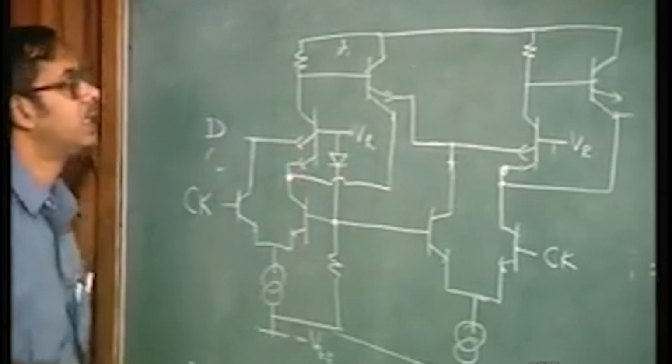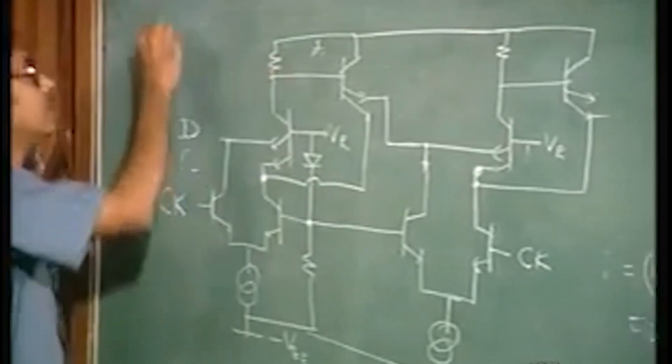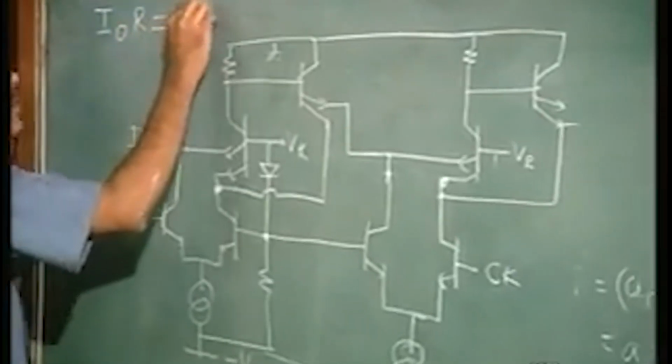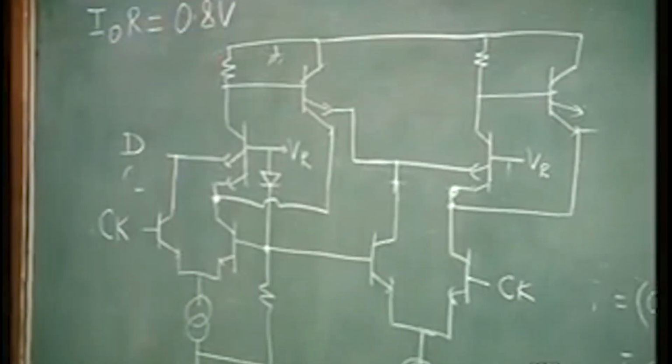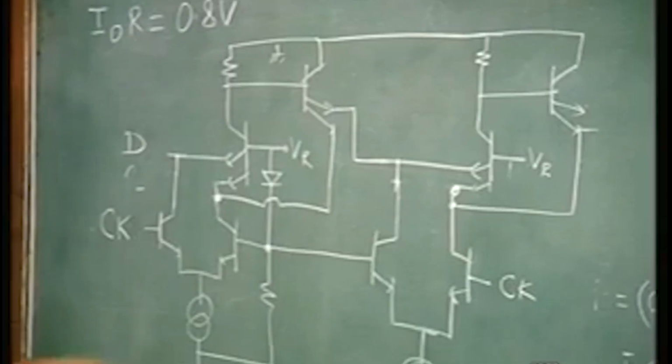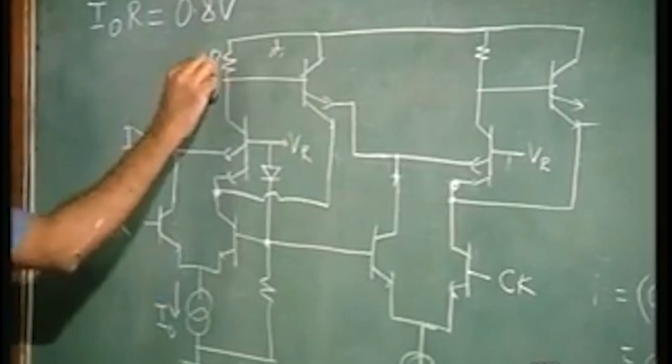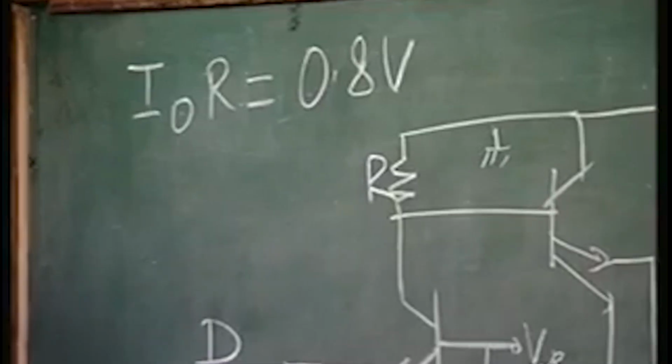Now let us assume for example that I naught into R is equal to 0.8 volts. That is the current source value I naught into the resistance R is equal to 0.8 volts.